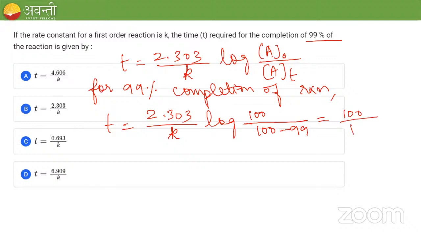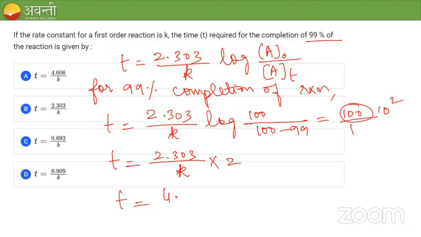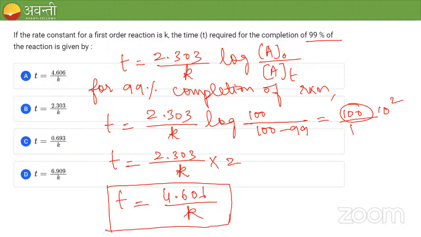So 100 can be written as 10 power 2. So log of 10 power 2 is nothing but 2. So t is equal to 2.303 divided by k into 2. So what is the value? It is 4.606 divided by k. Okay. So the time required for the completion of 99% of the reaction is given by option A. Clear?